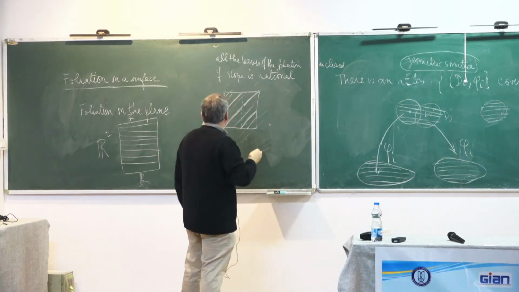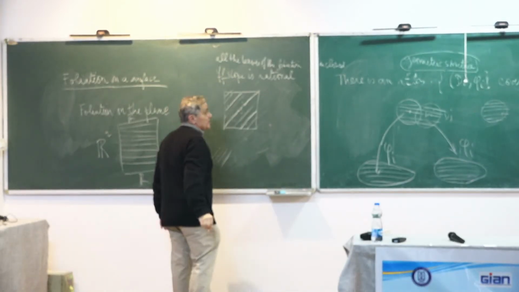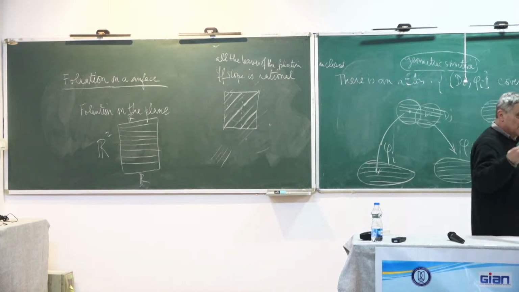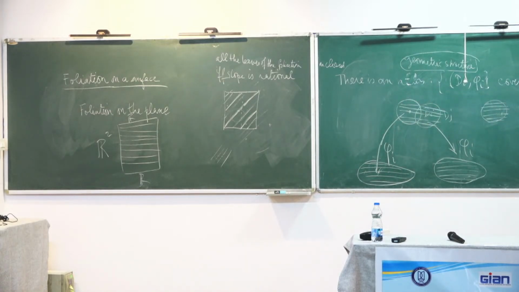Closed leaves means compact if and only if the slope is rational. This is a result which I'm not going to prove, and which needs a complicated proof. People who are doing number theory, they know this very well.